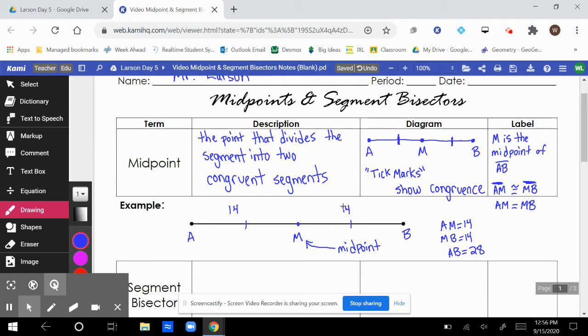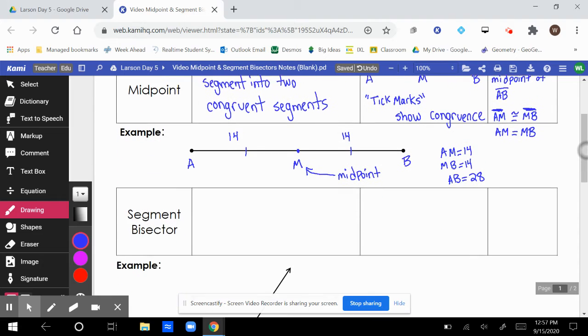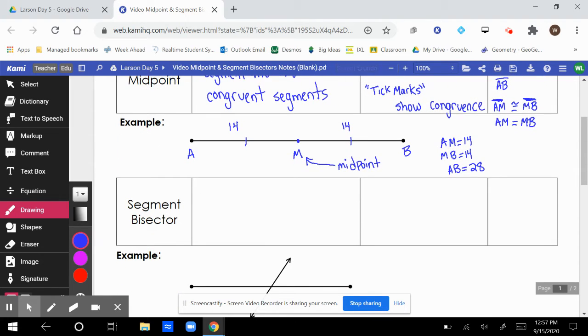So you could say AM equals 14, MB equals 14. When you don't use a segment symbol above the two letters, you're talking about the length. And then finally, remember your segment addition postulate. If the two portions are both 14, then AB must be the sum of those two. So AB would be 28.